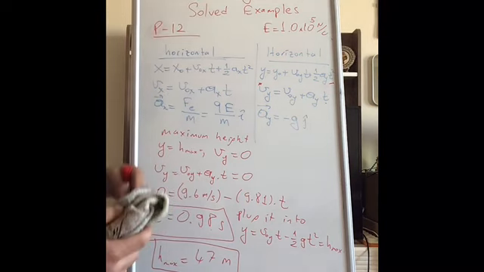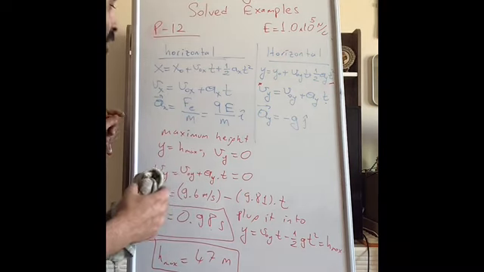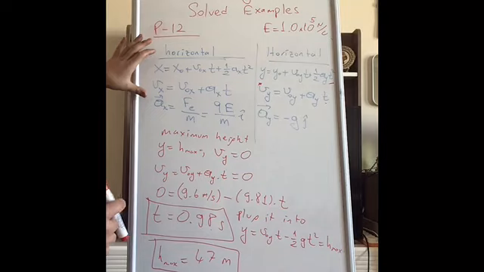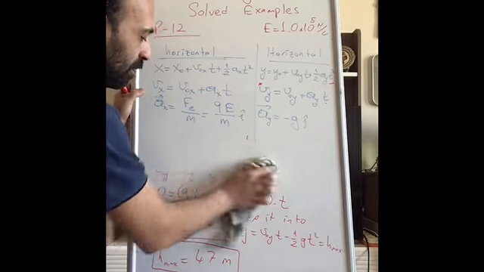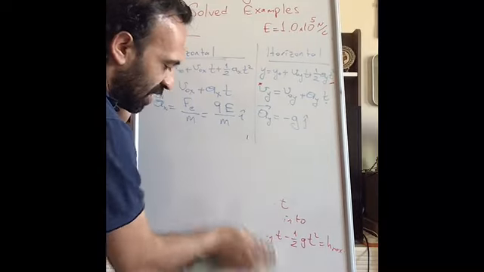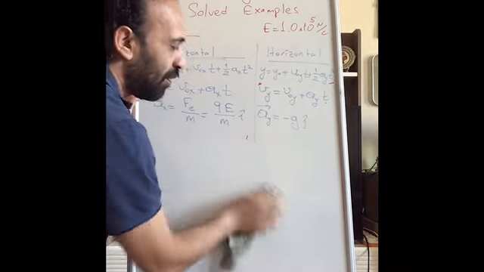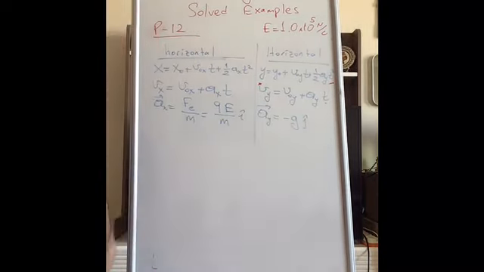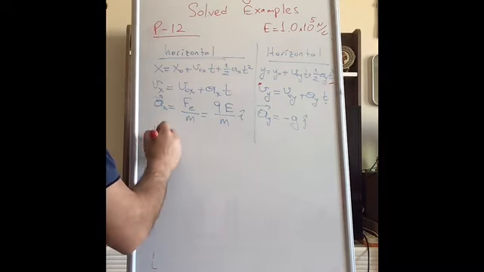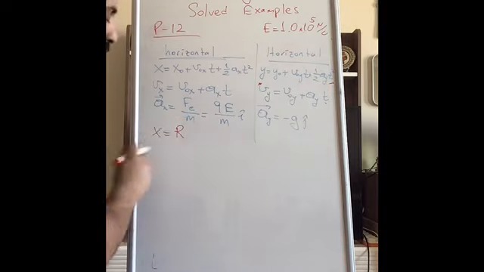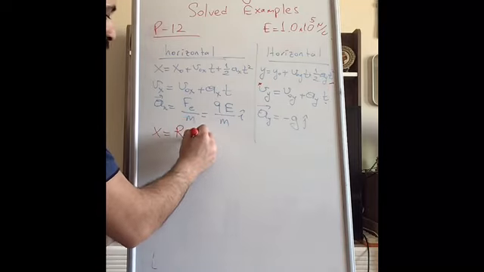Now we are going to calculate its range. For the range, we are going to use the horizontal part of this motion. Range is actually just the maximum horizontal distance from the shooting point. So when x is equal to range, I'm going to use capital R for range.